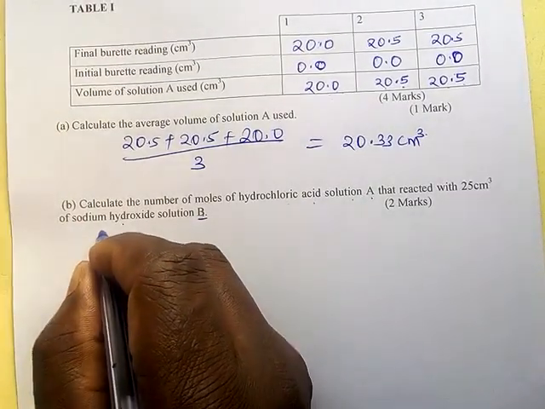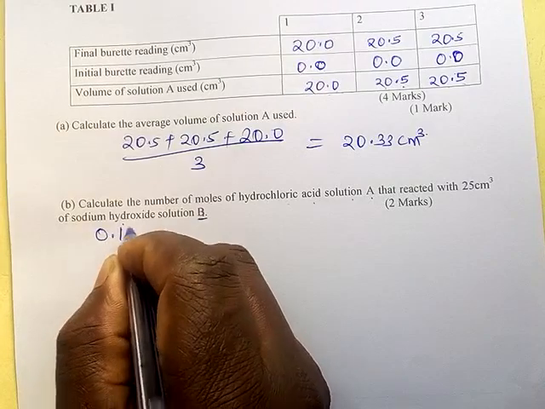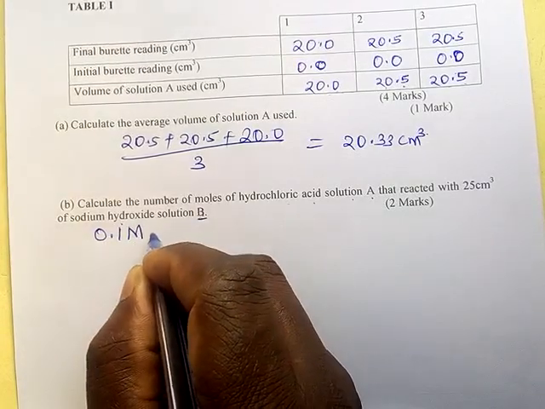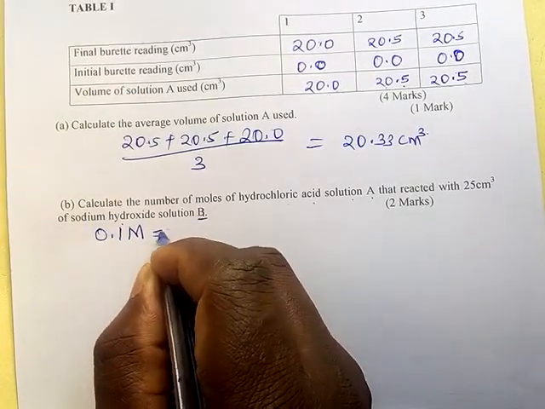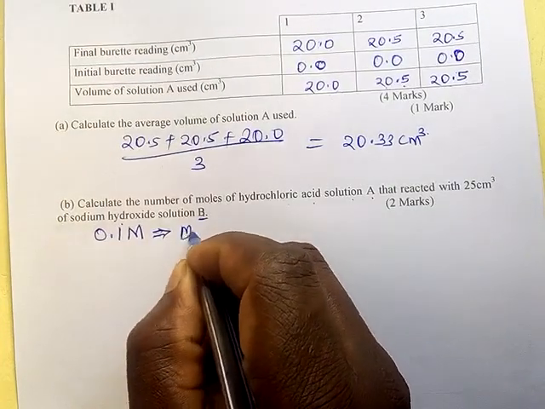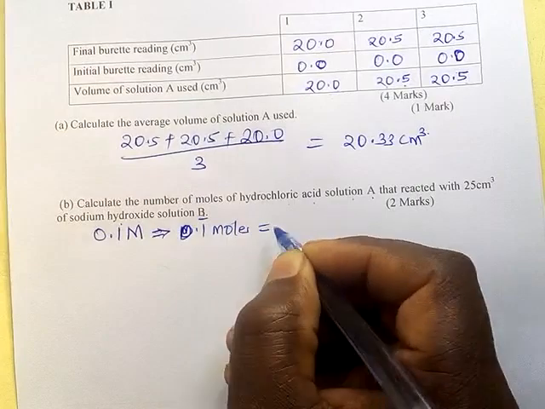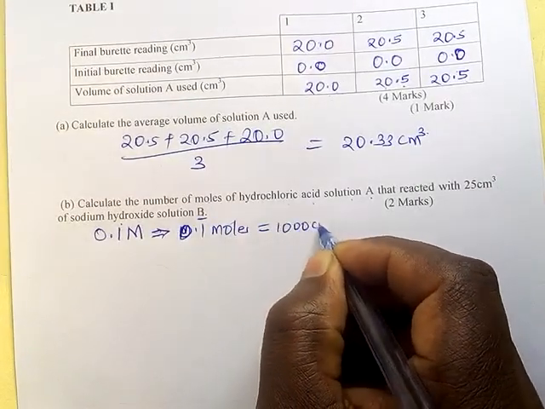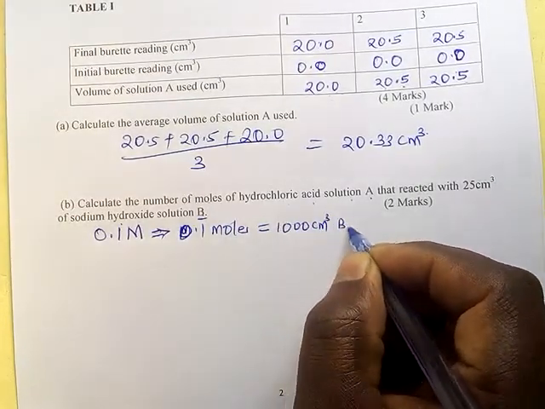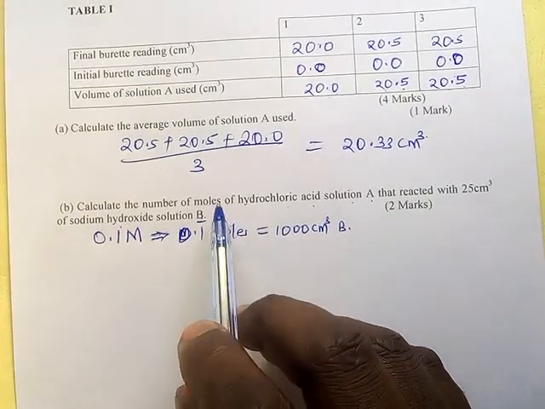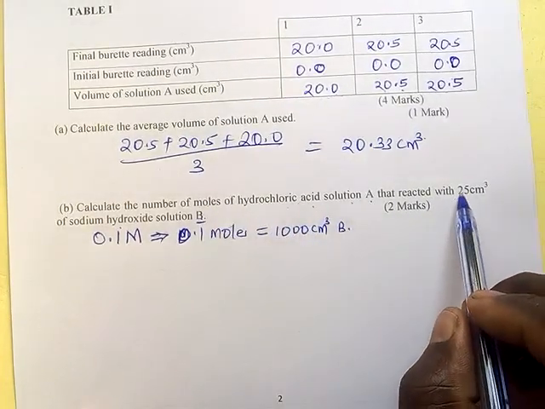We know very well that 0.1 capital M is the number of moles. This actually means that 0.1 is the number of moles which are in 1,000 centimeters cube of solution B. The volume of solution B that we used is 25.